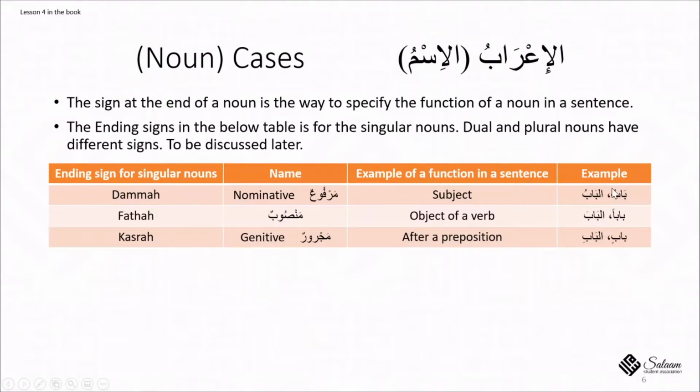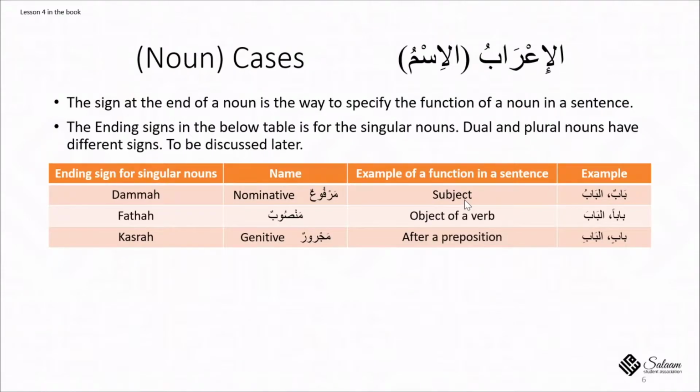Yeah, it's a subject in a sentence. Like I say, Muhammadun tawilun. Muhammadun is a subject. Tawil means a tall one. So Muhammad is a tall person.